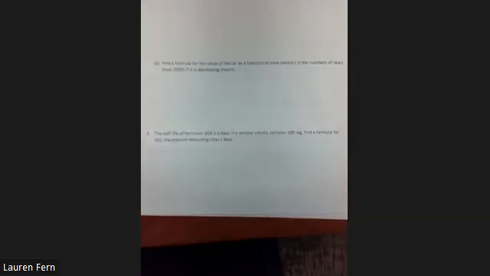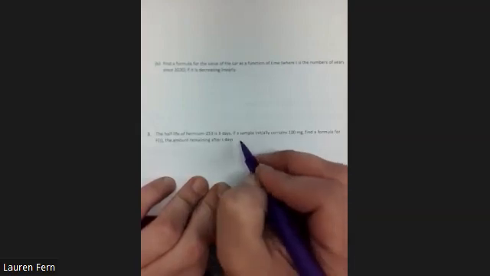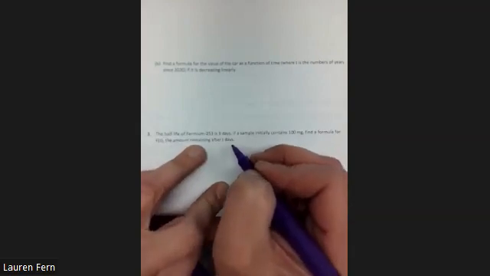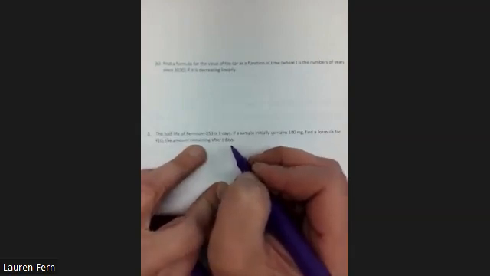We have that the half-life of fermium 253 is 3 days. If the sample initially contains 100 milligrams, we want to find a formula for the amount remaining after T days.